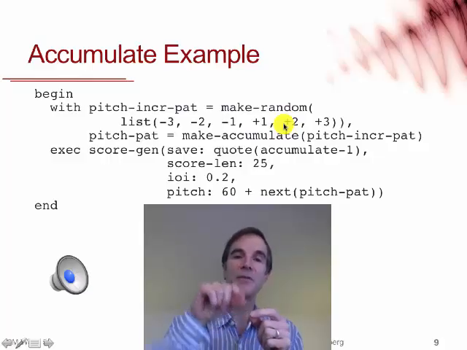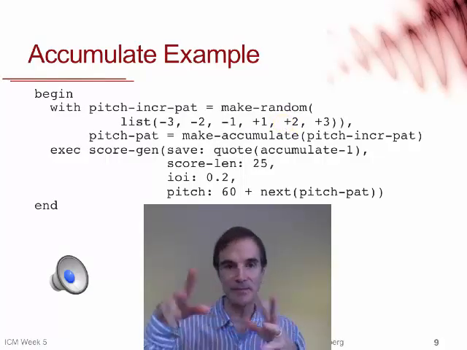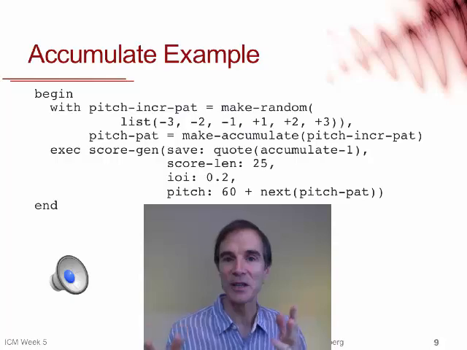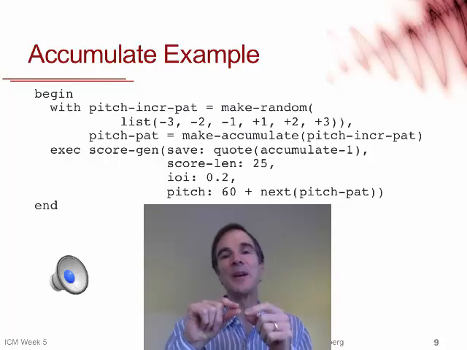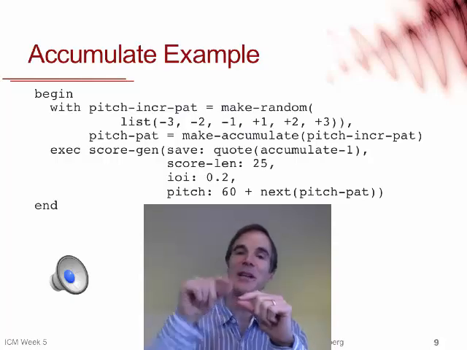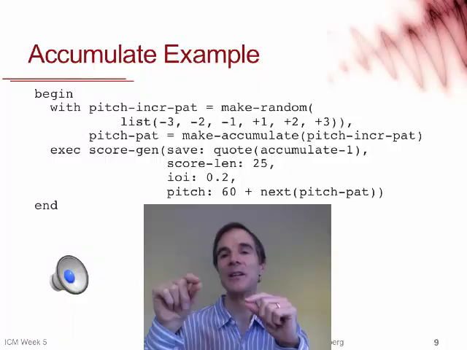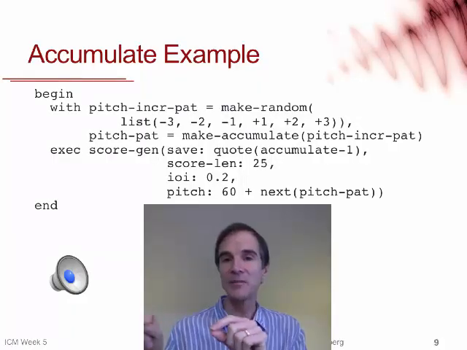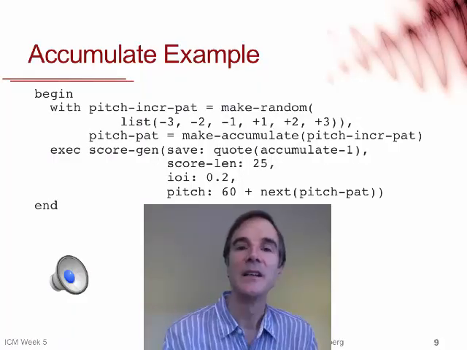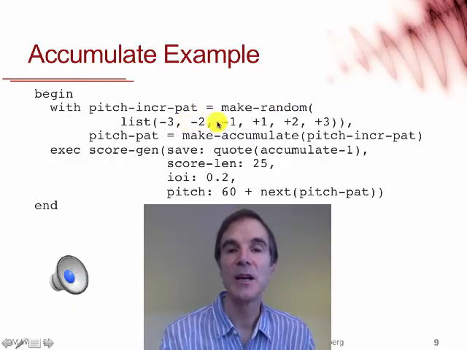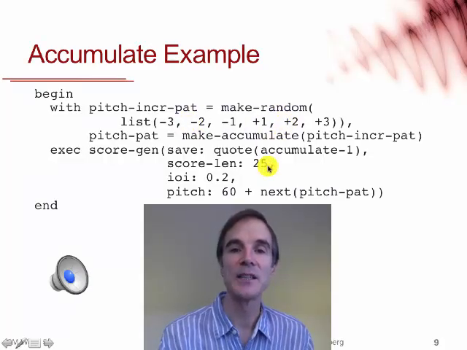So the sum of these is going to be this pattern, sometimes called a drunken walk, where starting at some pitch, we make a random move in some direction, and then from there we make another random move, and we're constantly accumulating or summing up these small random offsets.